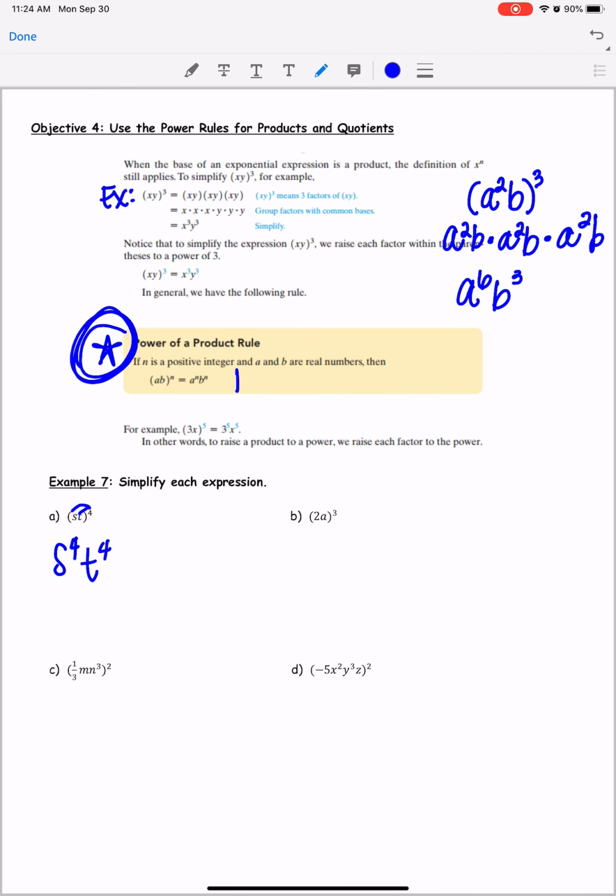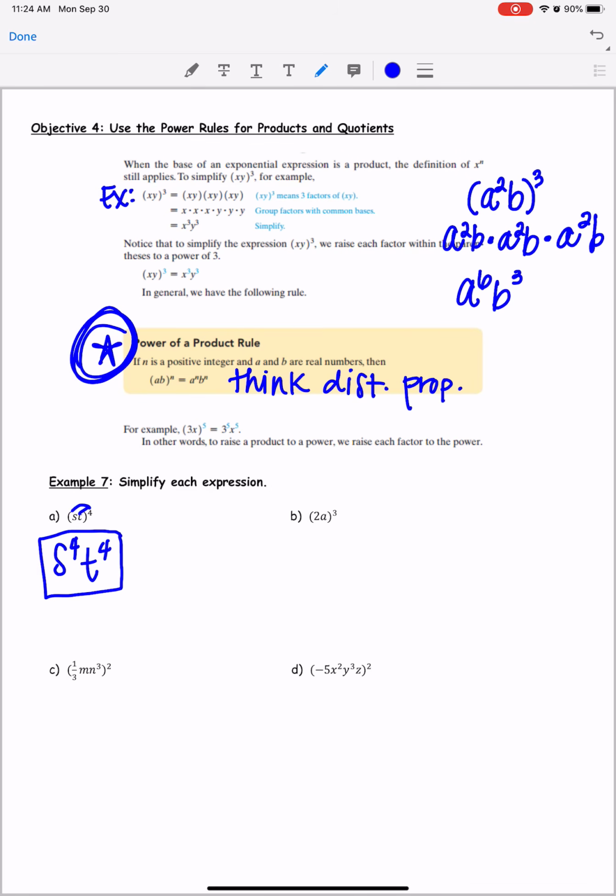It's not distributive, so I'm not going to put distributive property, but we're going to think distributive property. So that's all we can do on that one. Those are different bases, so I can't combine.